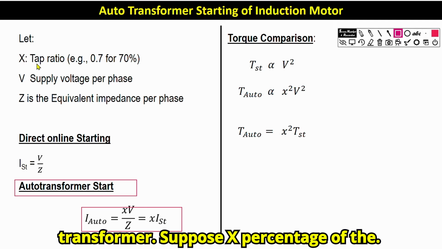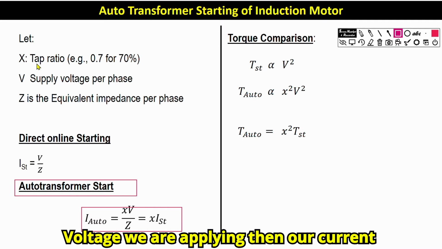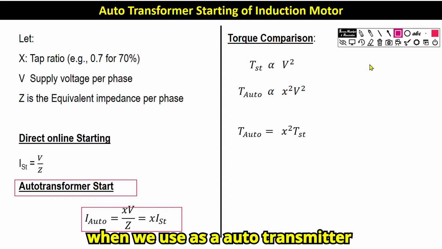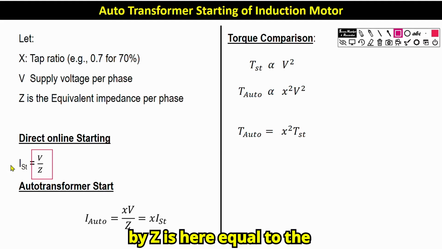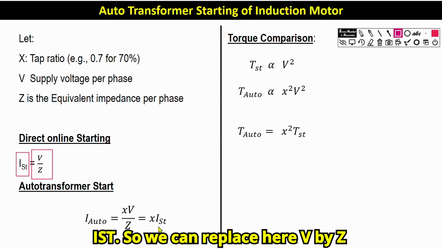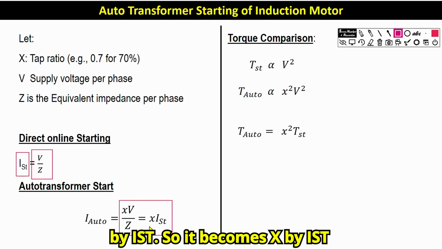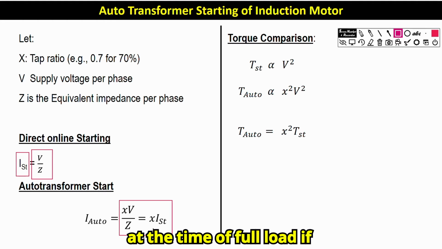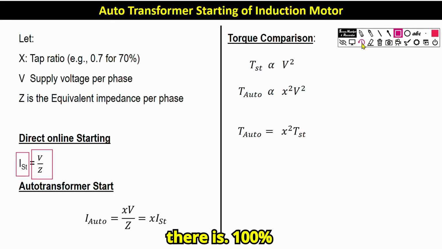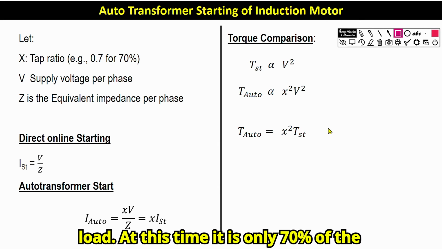Suppose X percentage of the voltage we are applying, then our current when we use the auto transformer for starting will be X times V by Z. V by Z is equal to the I_ST, so we can replace V by Z with I_ST, so it becomes X times I_ST, that is X times the starting current at the time of full voltage. If there is 100% starting current at full voltage, at this time it is only 70% of the full voltage current.